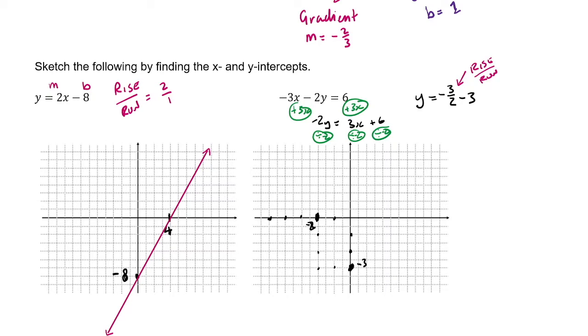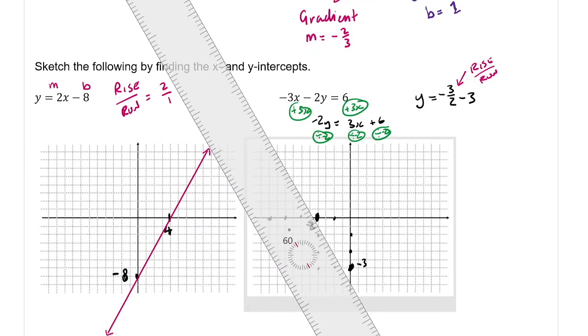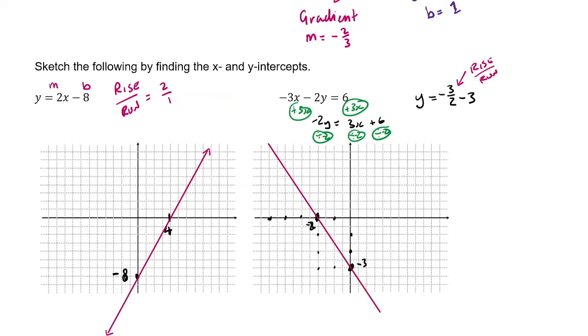We grab our ruler, swing it around so that it lines up with these 2 points, and do the same thing. Okay, so there's our line there.